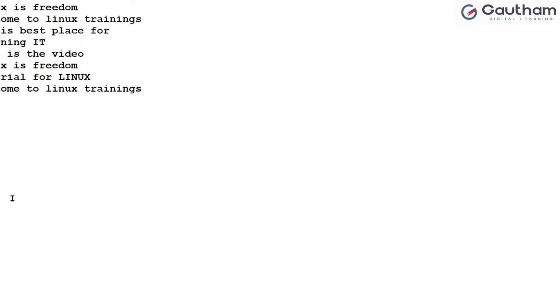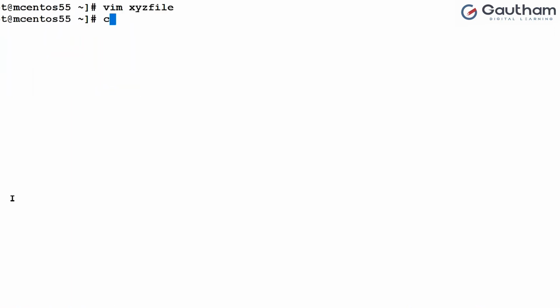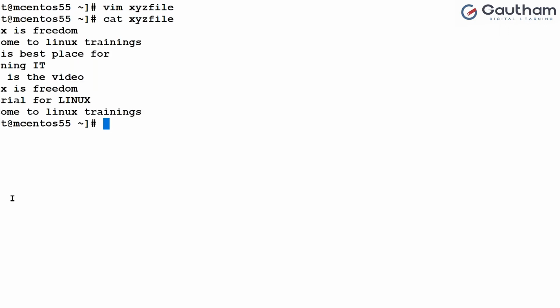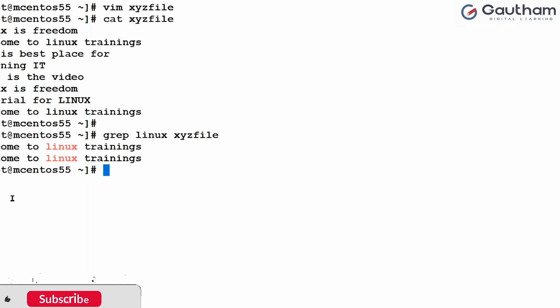See guys, I have this file XYZ file, and I am looking in this file for a word called Linux. So I'm going to tell grep search the word Linux in XYZ file. So you see wherever the word is found, it will tell you.